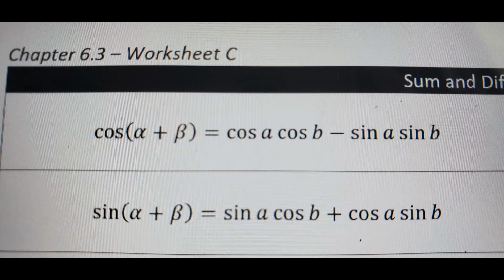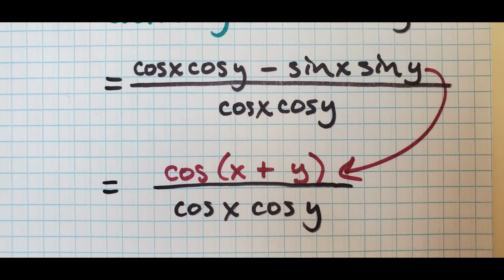Well, the alpha and betas in this case are x's and y's. So all of the stuff we have on top of that is going to get replaced with cosine of x plus y. So that's what we're replacing here. So that whole top thing just becomes this. And that's all based off of that identity sheet.